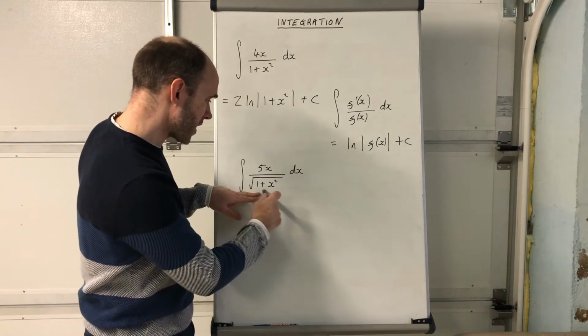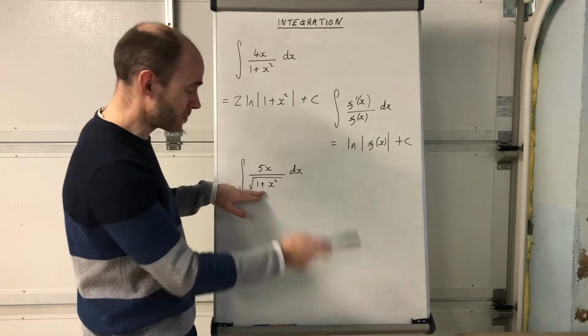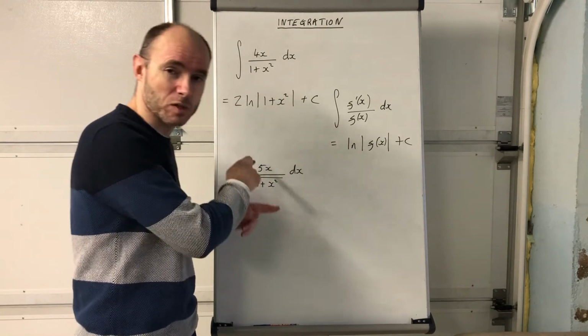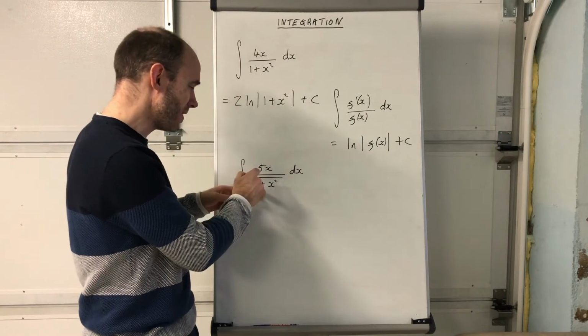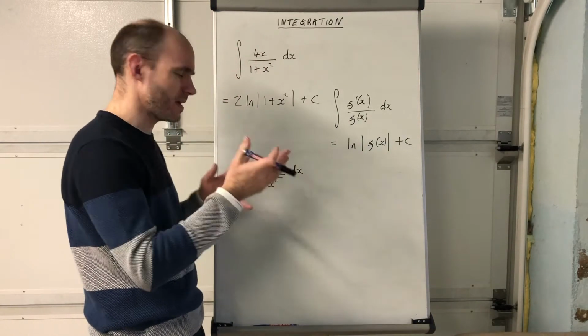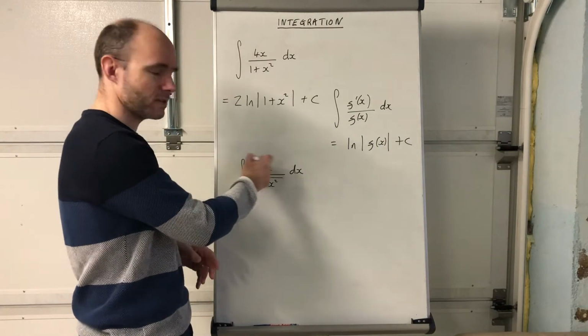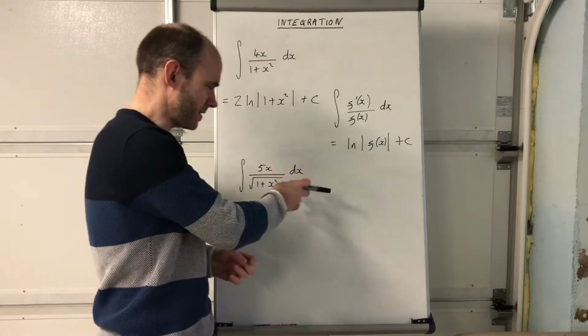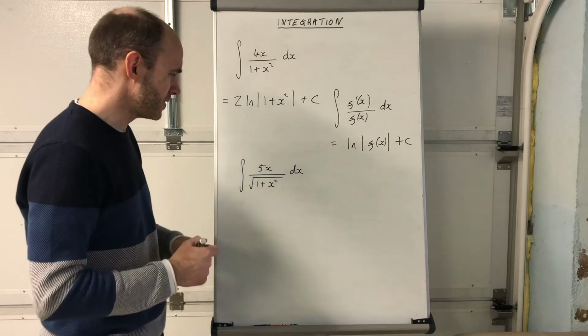When you differentiate the 1 plus x squared, of course you get a multiple of 2x on the top. However, this is rooted, which means if you differentiate all of root 1 plus x squared, you don't get the derivative of that on the numerator. So it's going to be a different sort of answer.